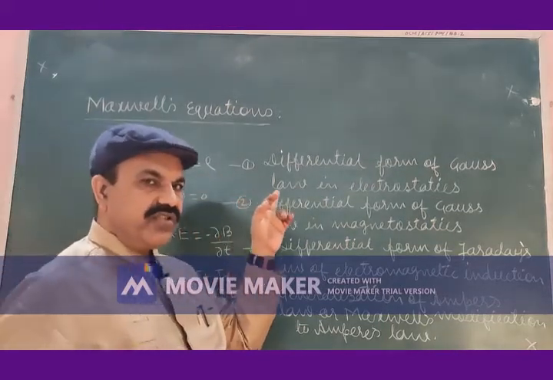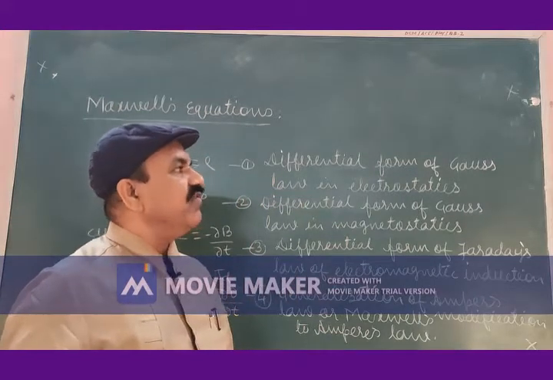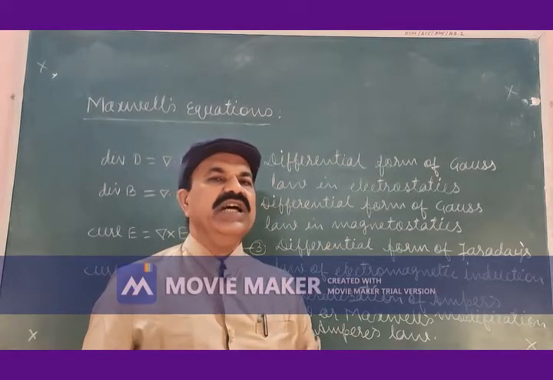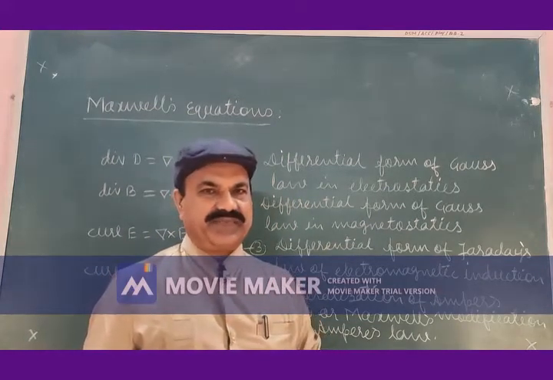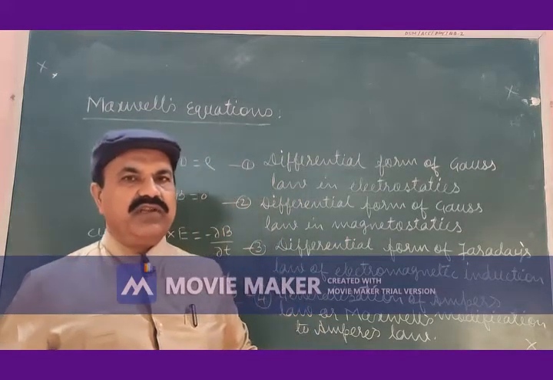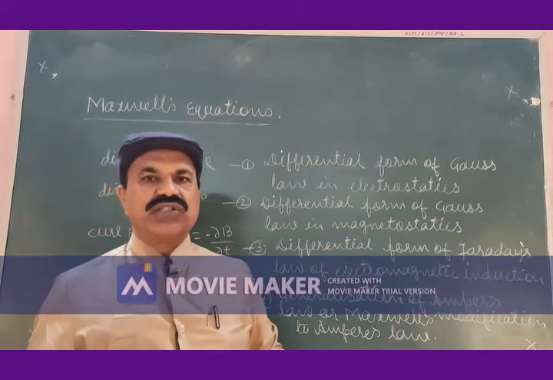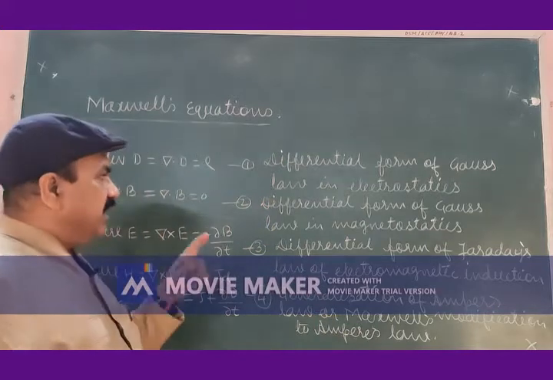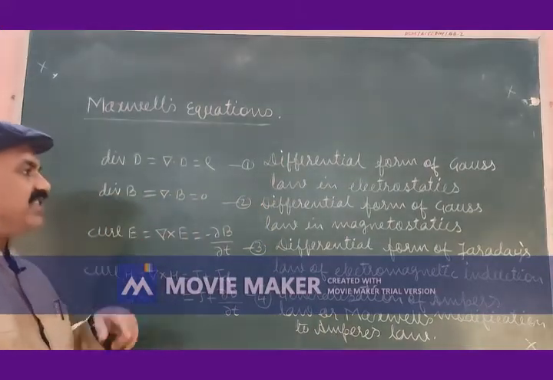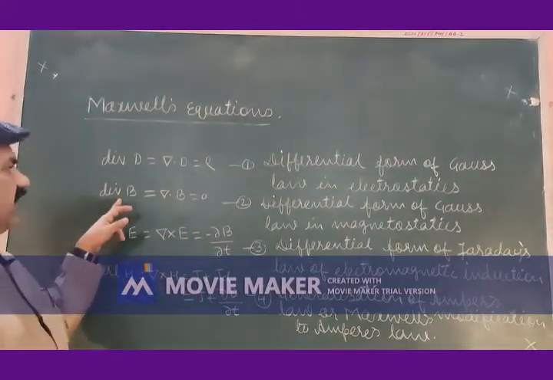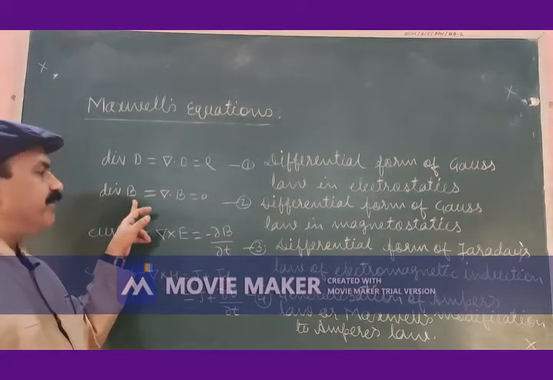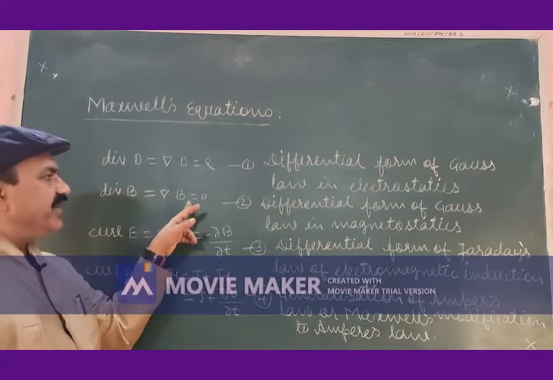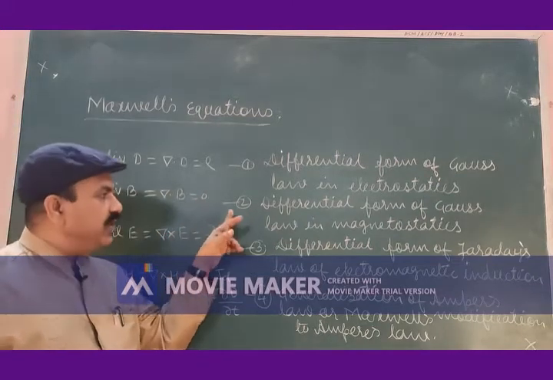What is this equation? Differential form of Gauss law in electrostatics. Come to the second Maxwell's equation. Divergence of B, del dot B, is equal to 0.